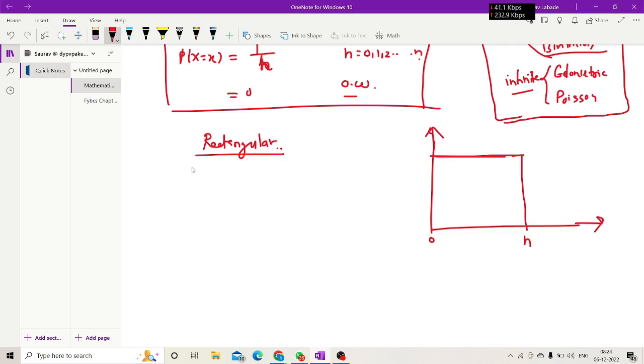Now, what are some examples? What are real life situations of the uniform distribution? The first example is, suppose I am considering the uppermost faces of a die. Then tell me how many uppermost faces are there in a die?